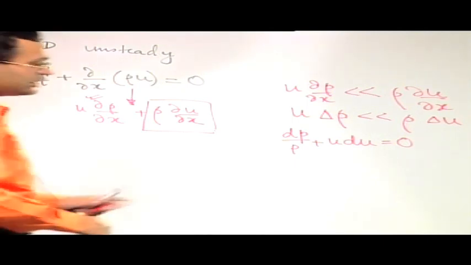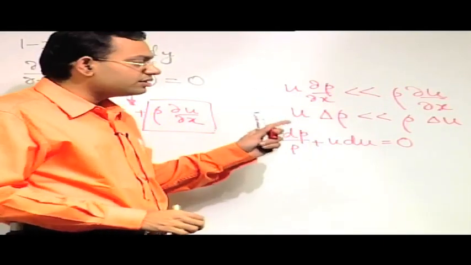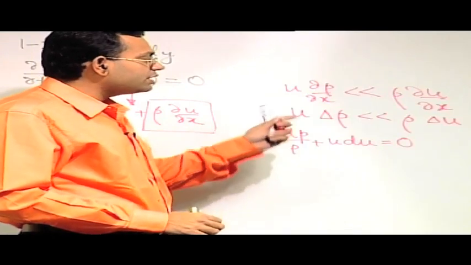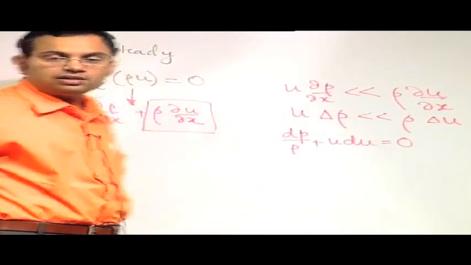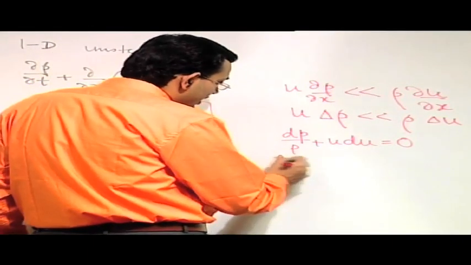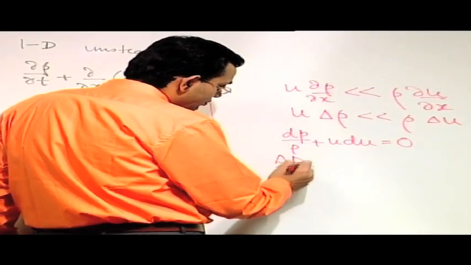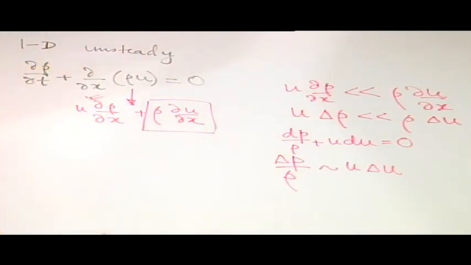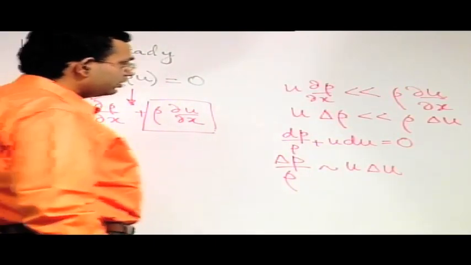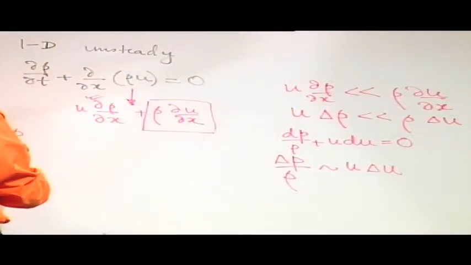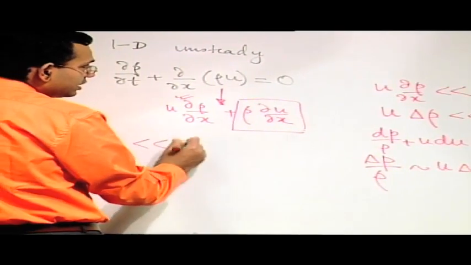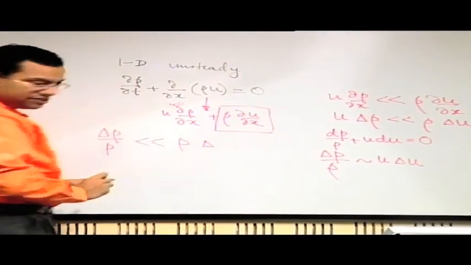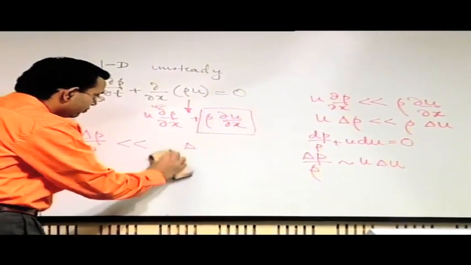So this we are just treating in an implicit limit and trying to figure out what could be the important parameters that may dictate the extent of compressibility in the fluid. So this is as good as writing that delta p by rho is of the order of u into delta u. So our requirement is delta rho by rho is much less than delta u by u.